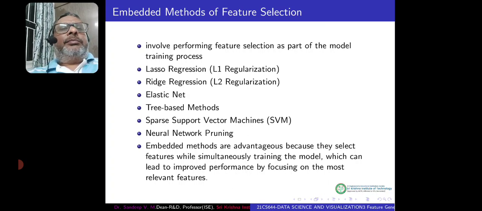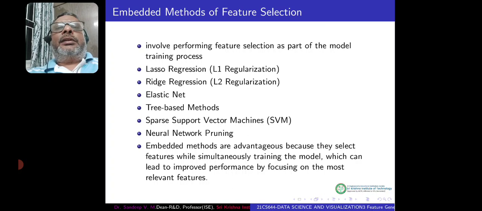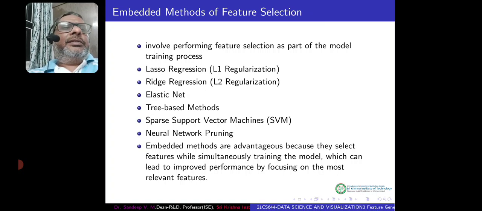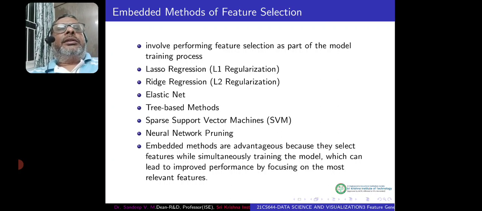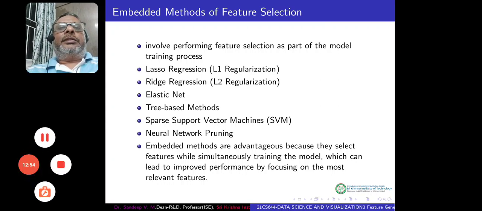Because that's the one which gives the best performance with a single round of training, and not as much pre-processing as required in the filtering case, no multiple training as in the wrapper case, but single training, and selection and all are done automatically. So that's some details about feature selection.